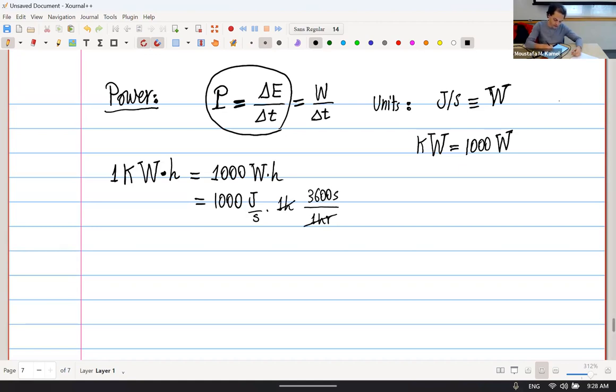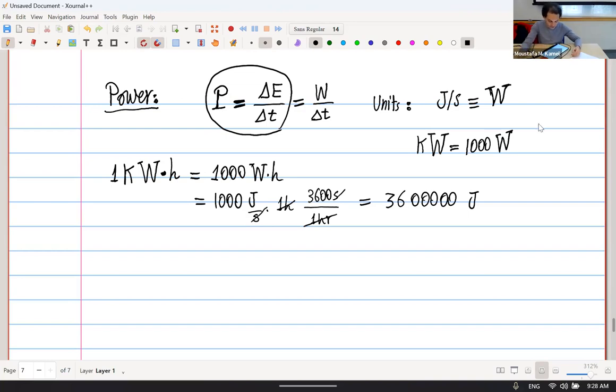So the hour cancels and the seconds cancel, and this is 3,600 joules times 1,000. So 1 kilowatt hour is this amount of energy. It's 3,600,000 joules.